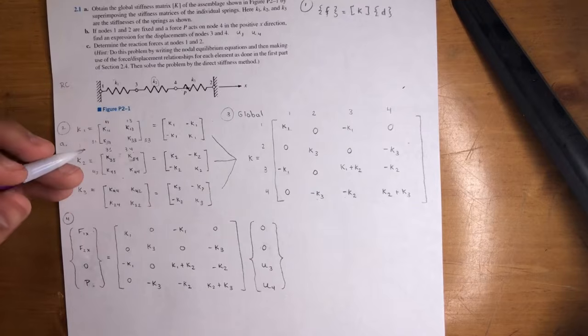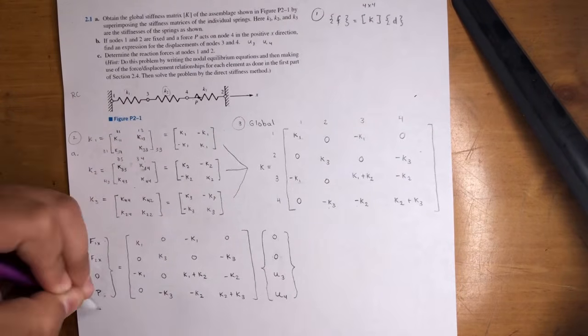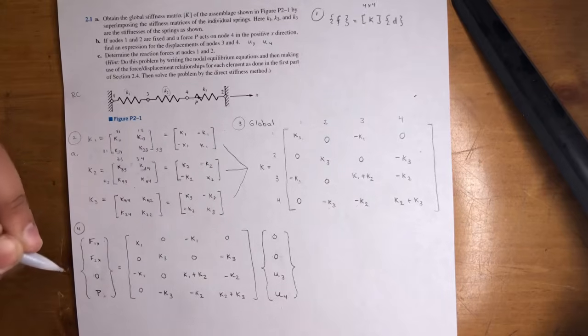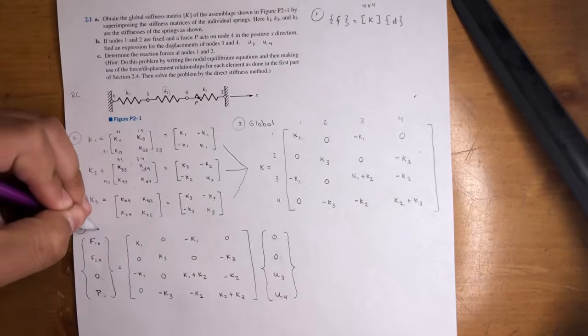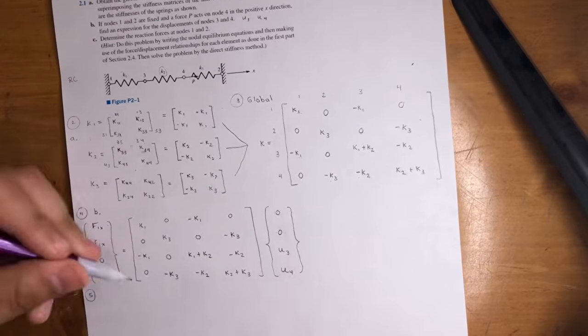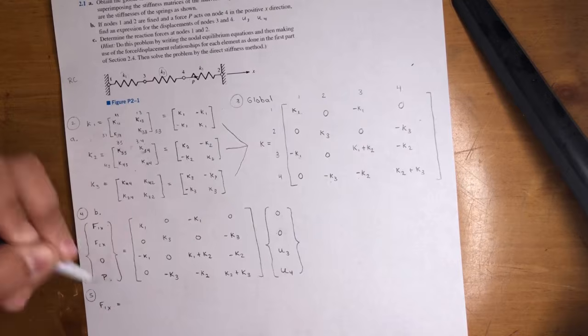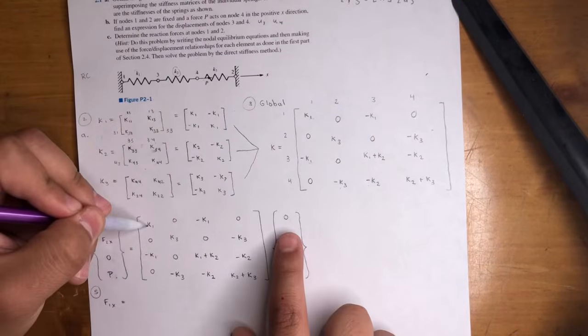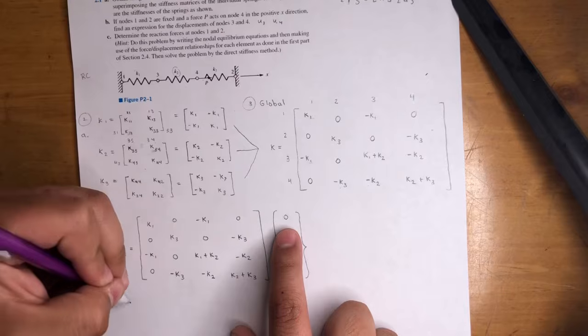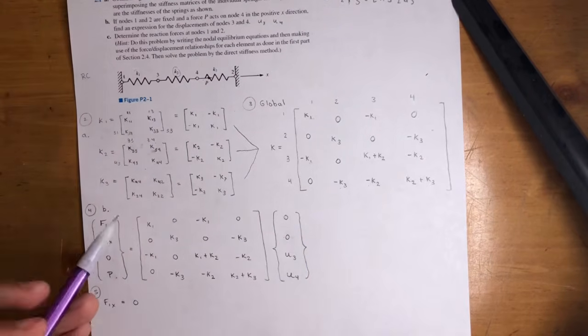Now we can form the equations. So look, check this out. Let me label this part B, and label this step 5. I'm going to a new step. So force of 1x is equal to K1 times 0, which is 0. I'm going to put it with the pencil just in case you really can't see.